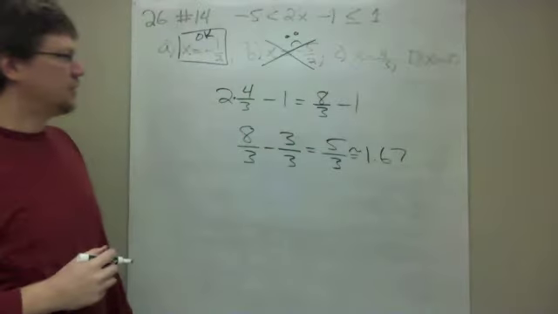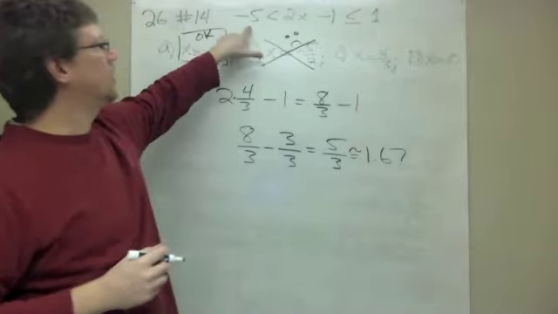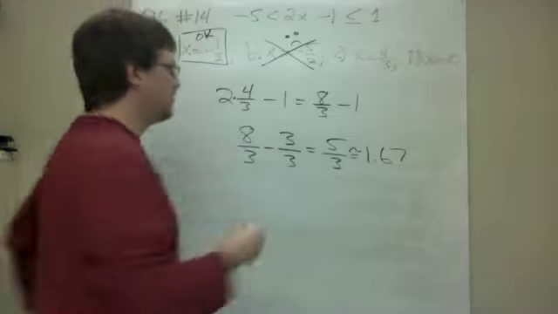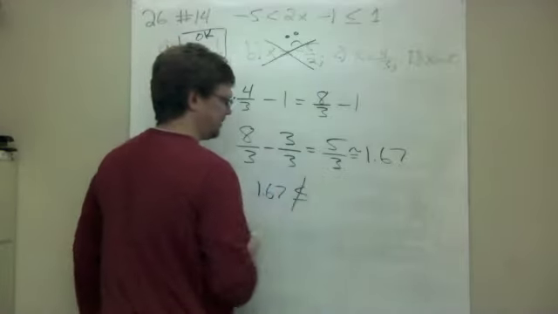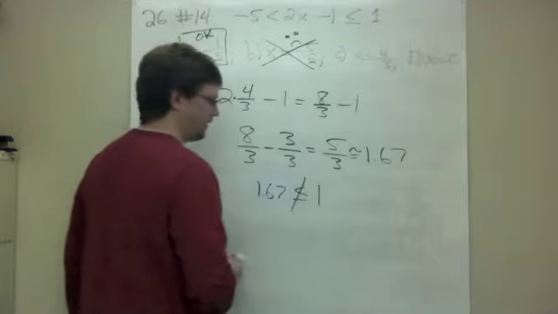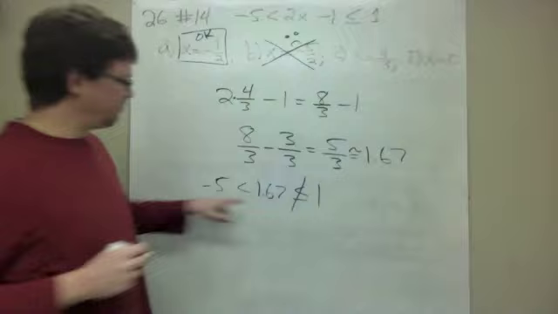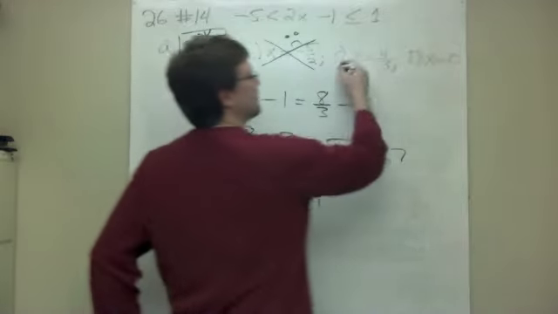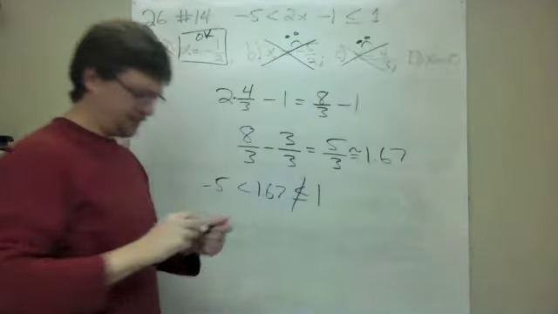So is 1.67 less than or equal to 1 but greater than or equal to negative 5? Well, it's greater than negative 5, but 1.67 is not less than or equal to 1. We are greater than negative 5, but we don't care. We're outside of this boundary.